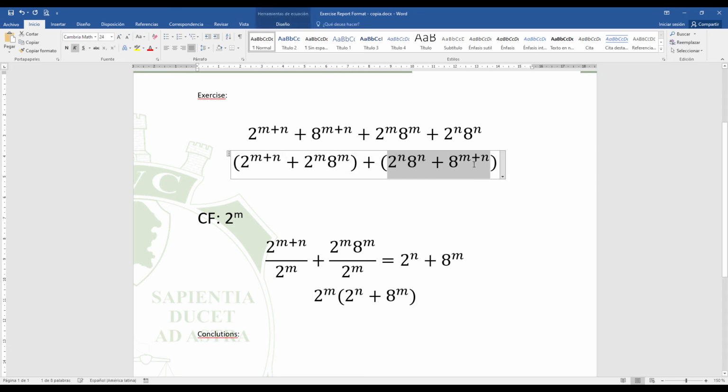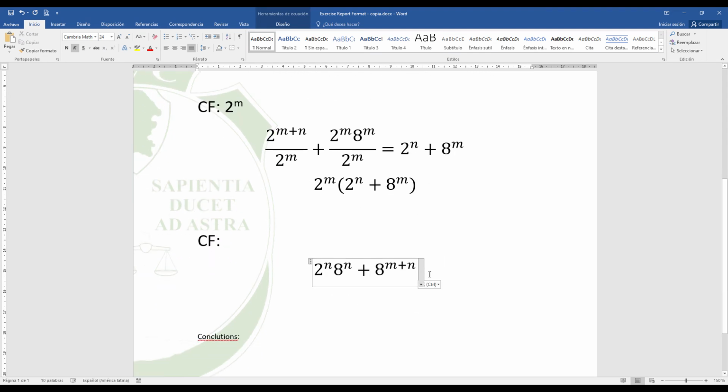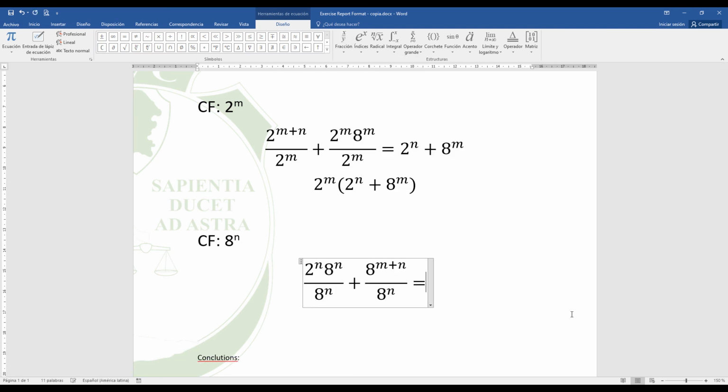Okay, so you will look for another common factor for the other group. In that case it is the same, 8 raised to n. So here you will divide, and you will get 2 raised to n plus 8 raised to m.